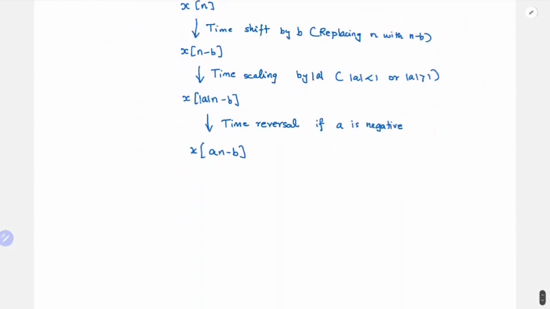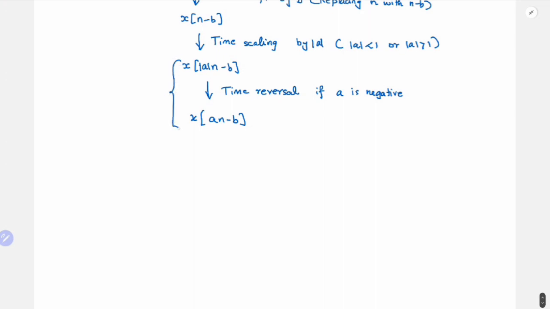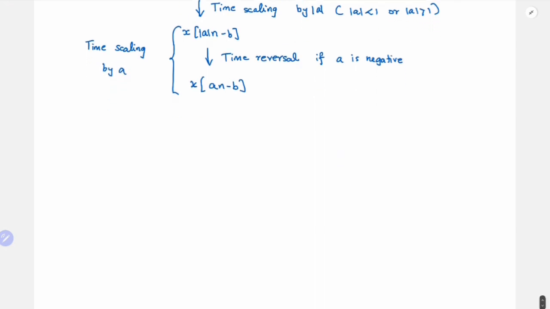So if a is positive, then it will be directly an minus b. And if a is negative, I'll have another negative sign, making this again x of an minus b. Okay, so this together will be nothing but time scaling by a. So this is my first method.